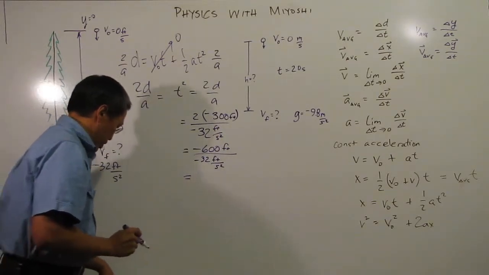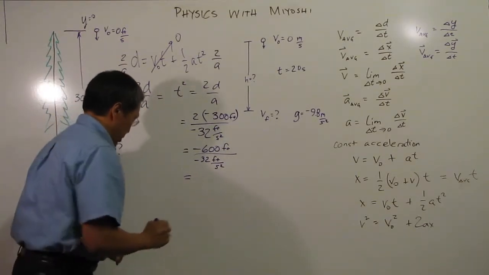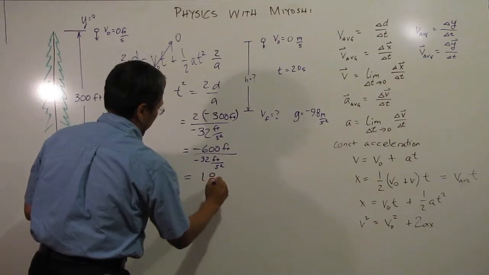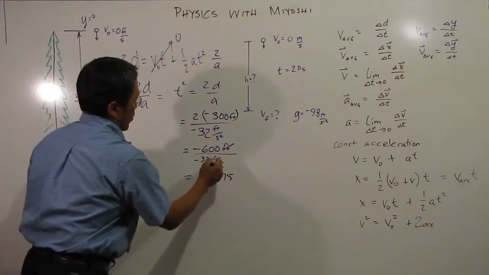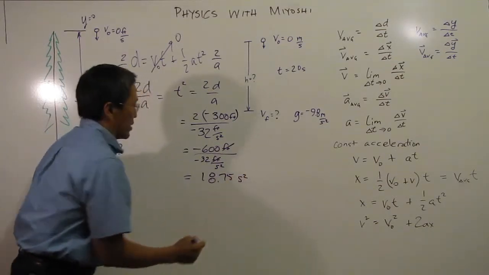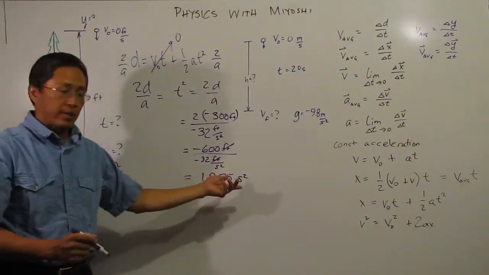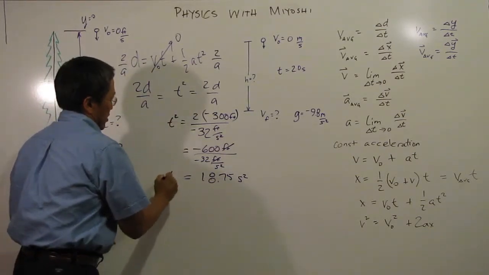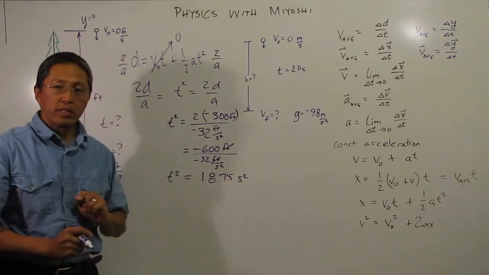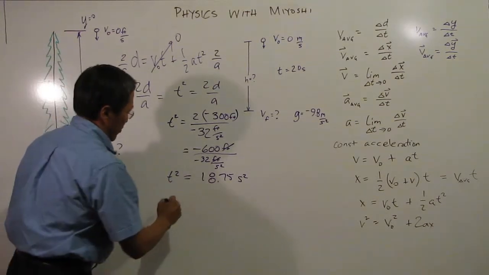And when we do that division, we end up getting 18.75. The feet are going to go away. The second squared is going to come on top. Notice that we can remember that this is still t squared. And we can see by our units that we still have one more step because we want to find t.